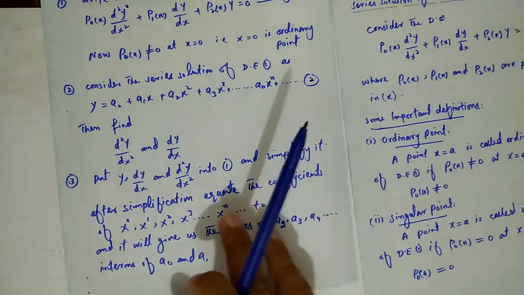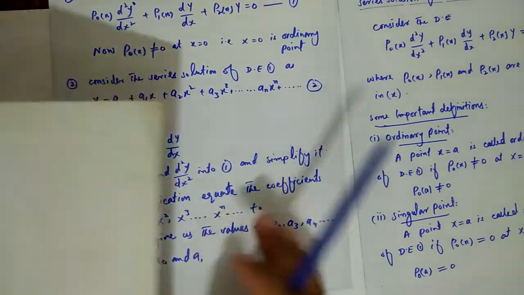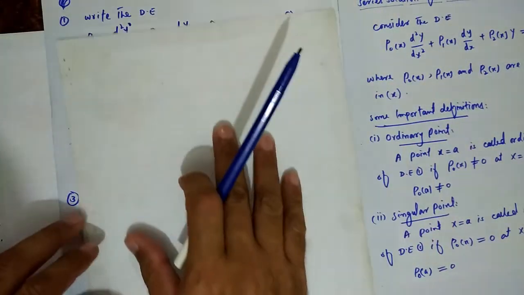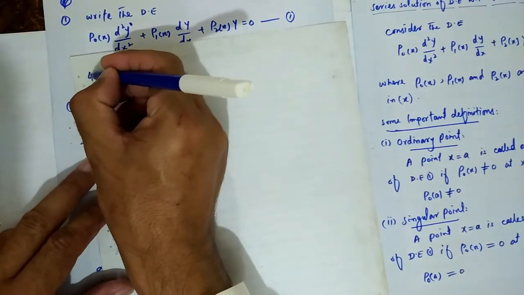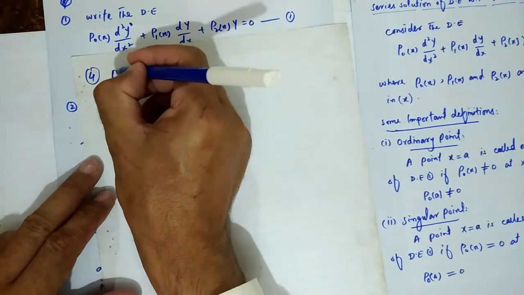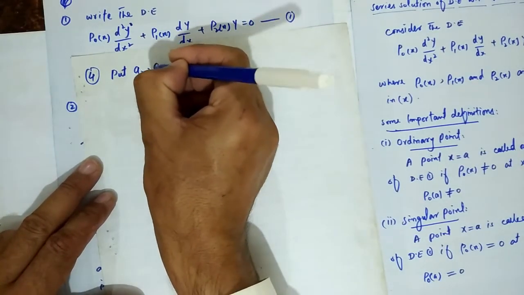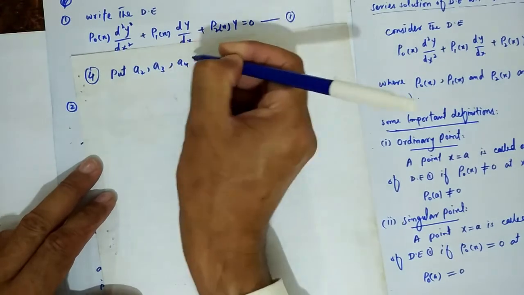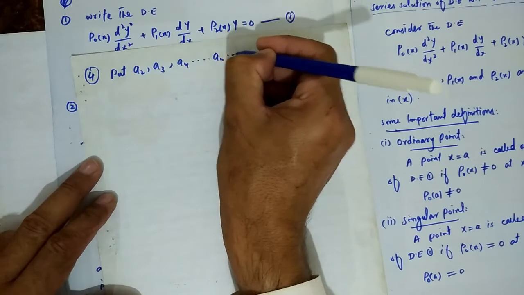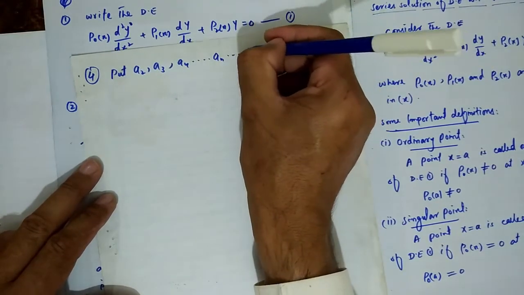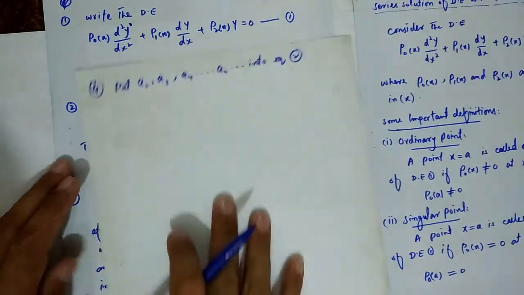Now once we obtain those coefficients a2, a3 and so on, then in the fourth step, put a2, a3, a4 and up to an and so on into equation number 2.